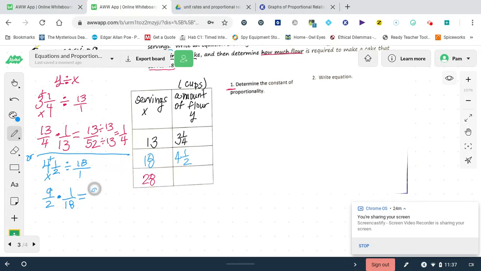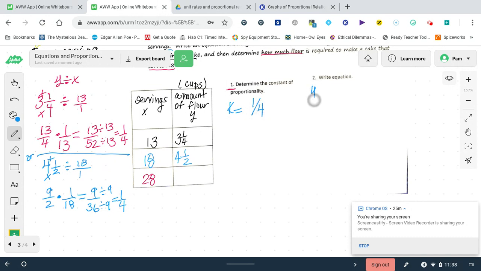So we'll end up with 9 over 36. Keep in mind, you need to multiply by the reciprocal there. I just flipped that one, 18 over 1. So divide both by 9, and we still get 1/4. So, I mean, it is proportional, and your constant of proportionality is 1/4.